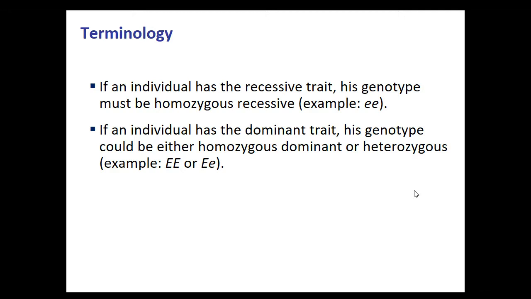If I look at you and I see you have brown eyes, all I know is that you have at least one big B. So your genotype could be this, or it could be this. You could have two big B's, or you could have a big B and a little b.